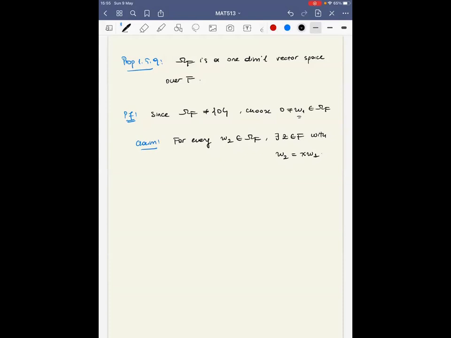So since we consider omega 1 as non-zero, let me suppose also omega 2 is a non-zero Weyl differential.